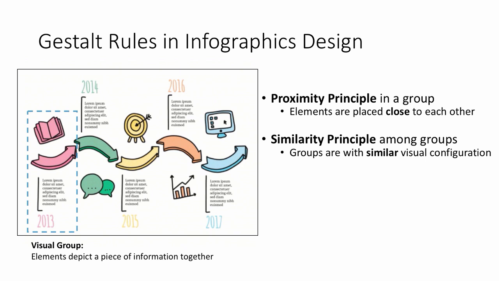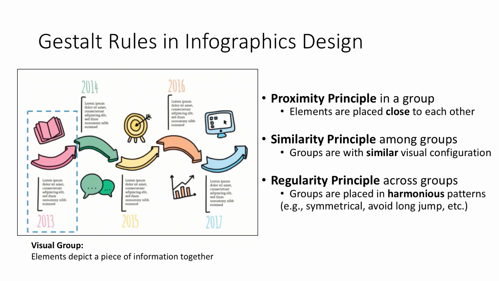Here, each group has an icon, text, and a number, and that's why we see there is something strange when the text is missing in this group. Another is the regularity principle, that is, groups are always placed in harmonious patterns. For example, designers would avoid long jumps as much as possible to make users easily track those groups.